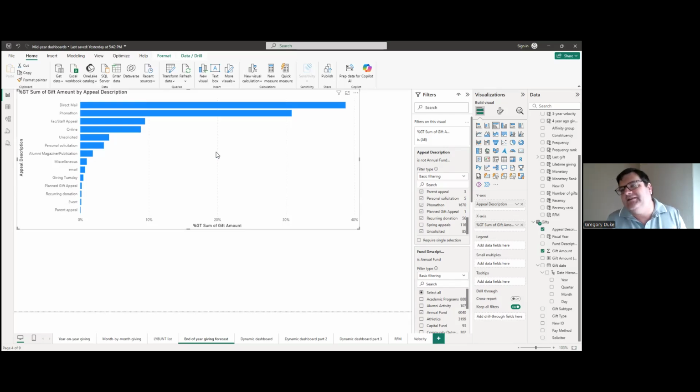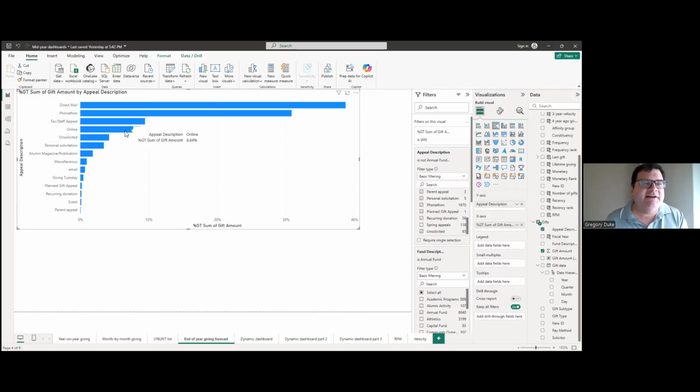So we can say to ourselves, this is what's working for annual fund. That isn't to say that it will happen the same way in the future, but historically that's what's worked.